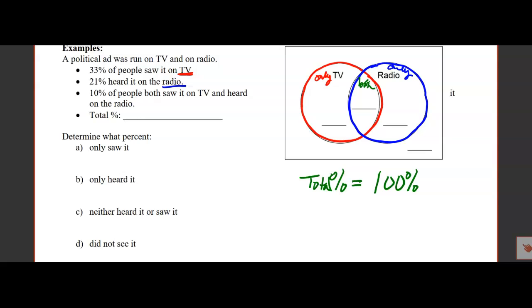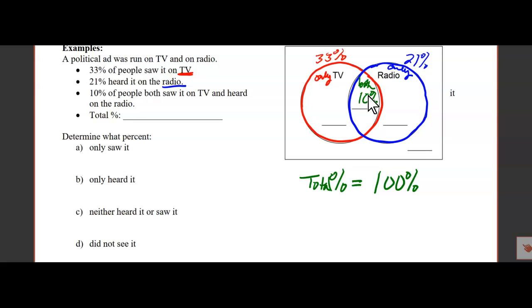What is the TV percentage? Okay, so I know that my TV percentage, I'm writing it on top for a reason, okay? 33%. What's my radio percentage? 21%. What's my percentage that when I interviewed them, they said, yes, I saw it on the TV, and yes, I saw it on the radio? Okay, so 10%. 10% saw it both ways, okay?